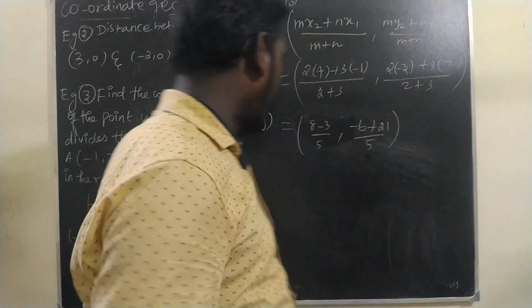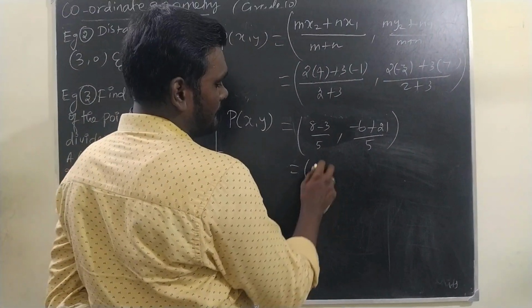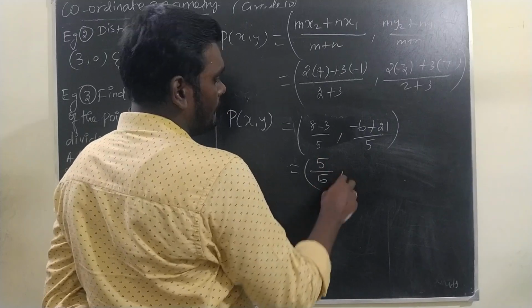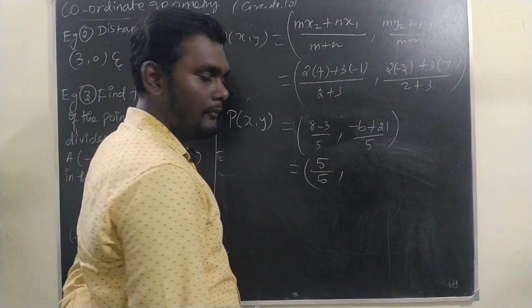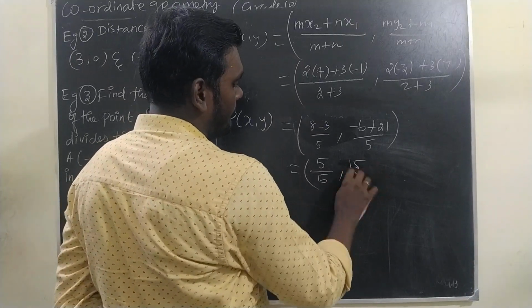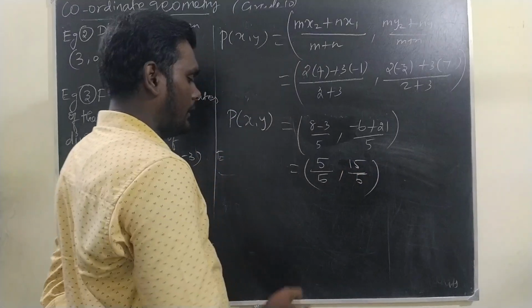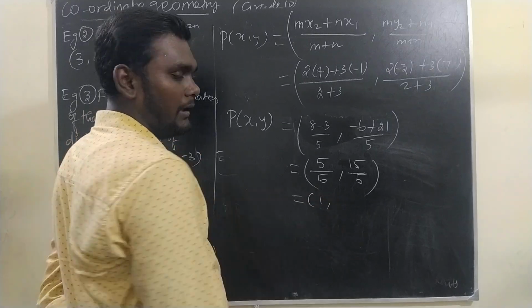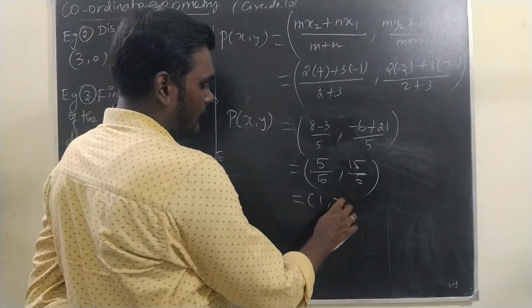Okay. Now 8 minus 3, how much? Minus or plus? Plus 15 by 5. Okay. 5 by 5 is 1. This is 3.